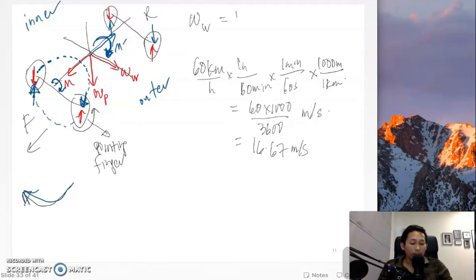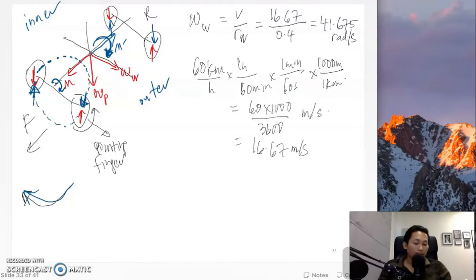So the angular velocity is v over r for the wheels, and we got 16.67 divided by 0.8 diameter, which is the radius 0.4, and we get 41.675 radian per second. That is the angular velocity for the wheels.